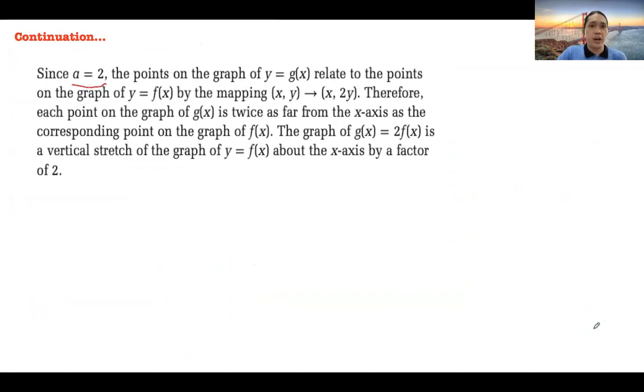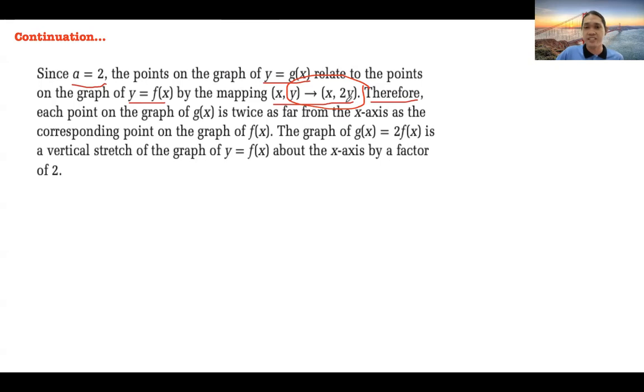A is equal to 2. The points on the graph of y is equal to g of x relate to the points on the graph of y is equal to f of x by the mapping (x, y) is mapped to (x, 2y). This is now the mapping notation for the vertical stretch that we did a while ago. We multiplied 2 to your y.